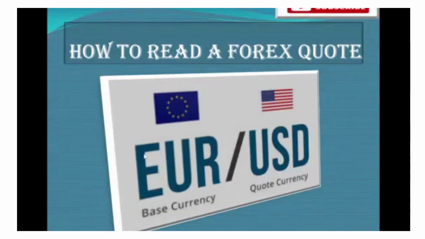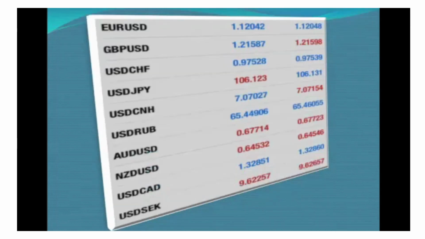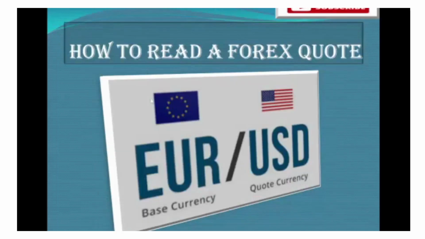Now, here is an example of a foreign exchange rate for the British pound, as you can see over here. The first listed currency, to the left of the slash, is known as the base currency. In this example, the euro here is the base currency.